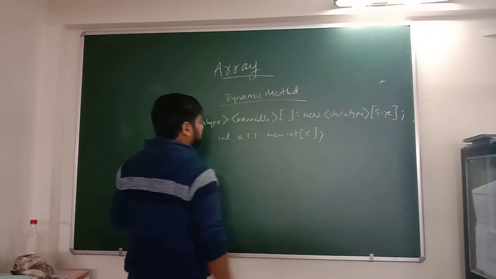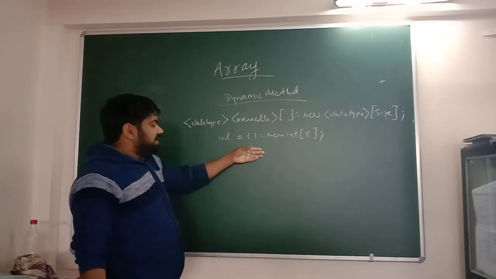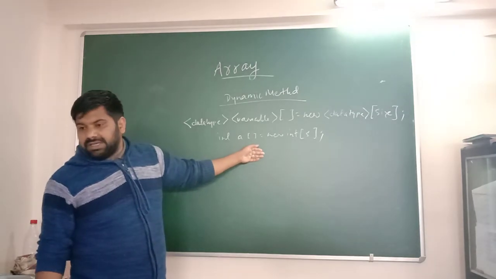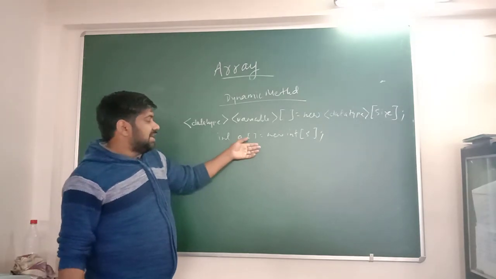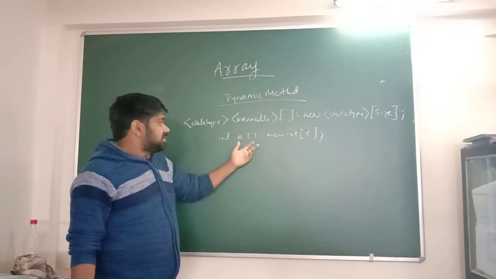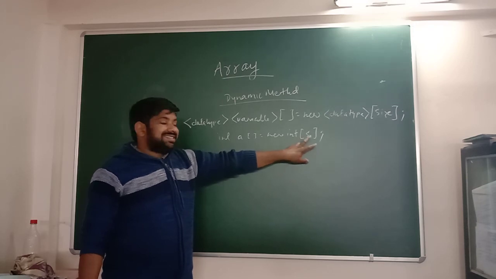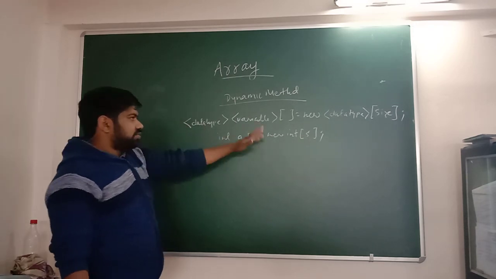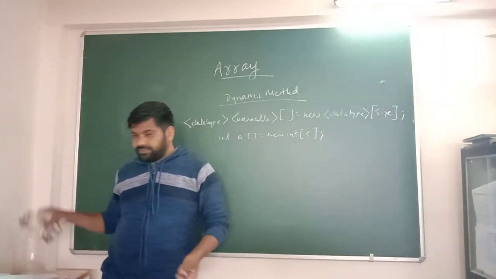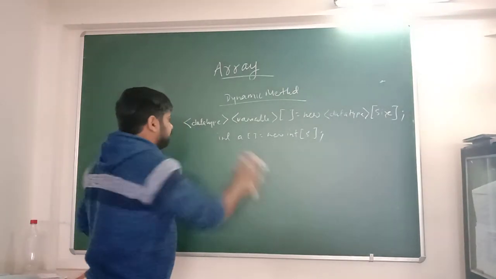If you are reading 5 over here, that means the size of the array is 5. This is the way we do the dynamic declaration. It means you want to take values from the keyboard, and this is the size of the array. So just copy this. Got it?